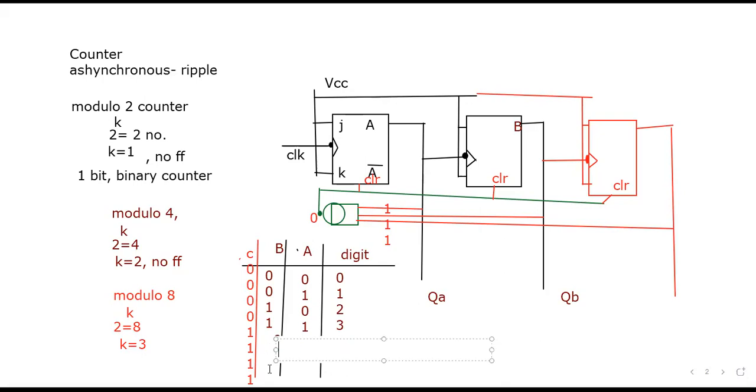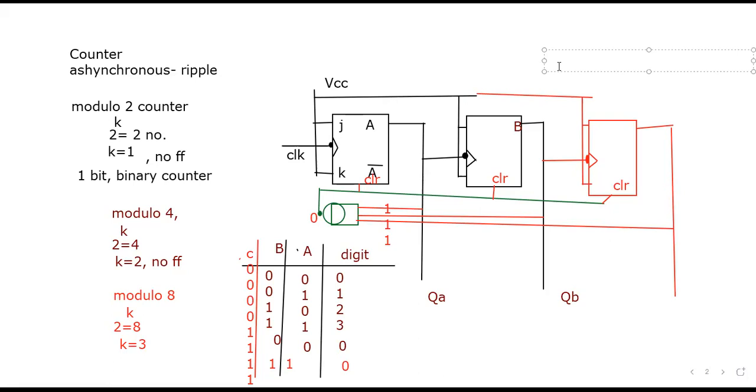So suppose whenever we have a mechanism like this, 111, say 1, and here it is also 1. All are 1, so it will set it to 0. Okay, so this is a counter for when all are 1 with 2 raised to 3, that is 8. So this is a counter of 7. A counter of 7 will count 0 to 6, right? So whenever we have the number 7, it will make it 0.